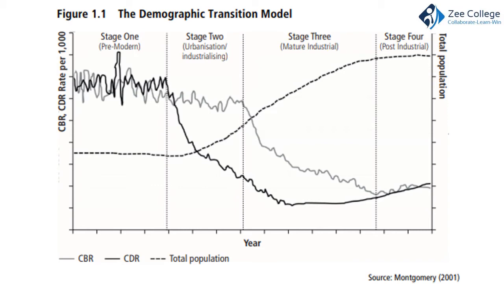This indicates a low rate of natural increase at the latter part, which implies that the absolute size and the rate of growth of population have stabilized. So demographic transition itself describes the process of accelerated population growth that occurs between the initial and the final stages that you witness in the graph.